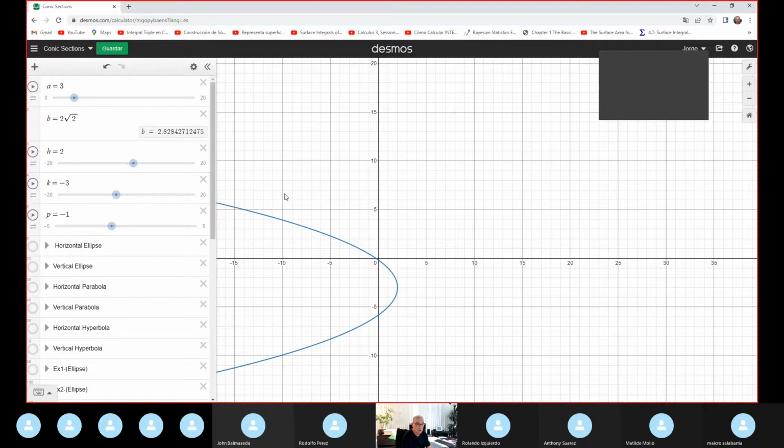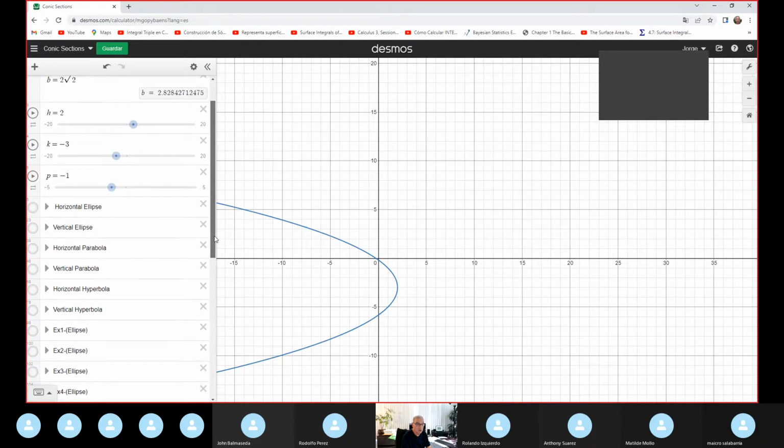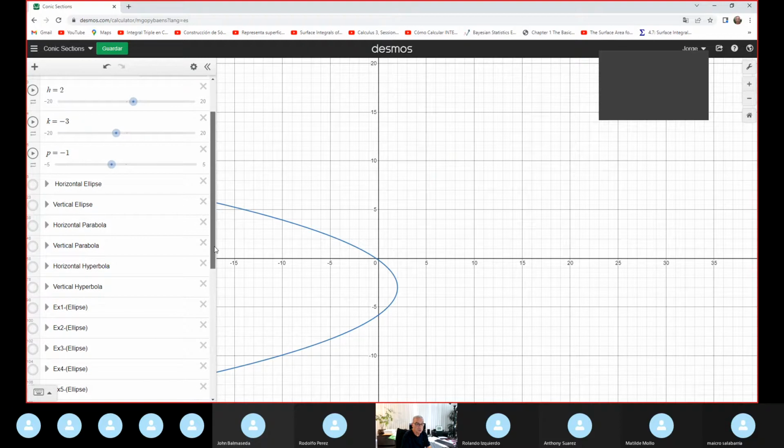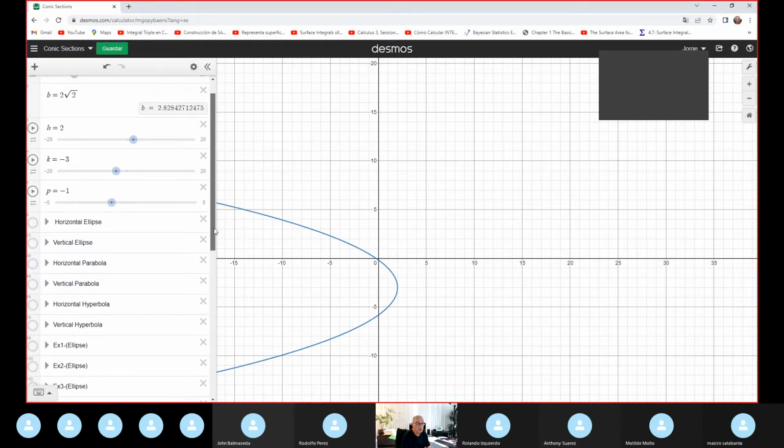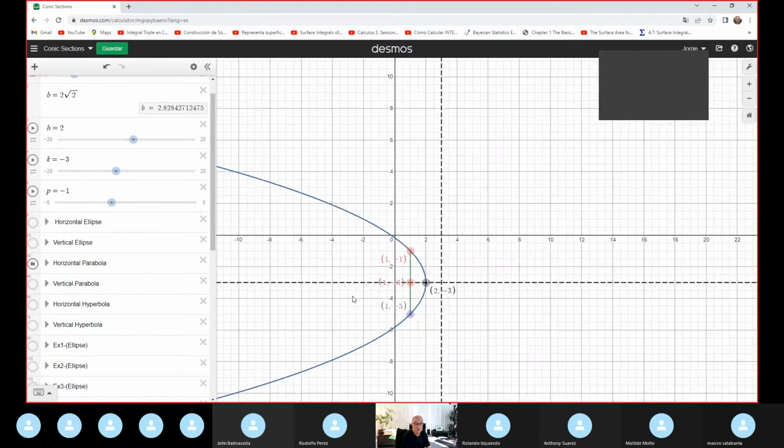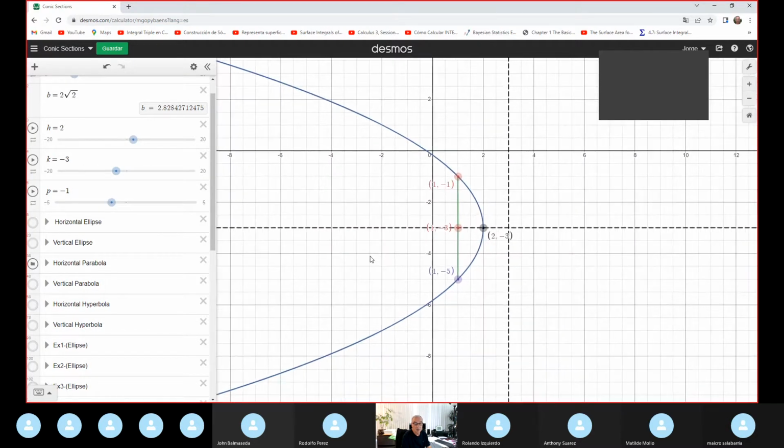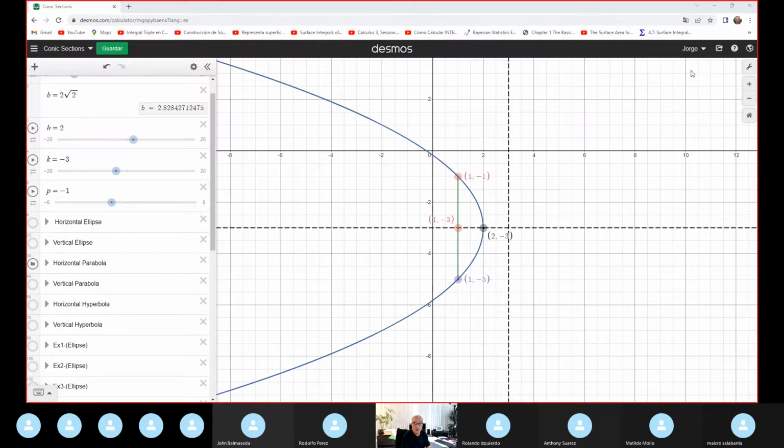Okay, good. Now, what kind of parabola do we have when it is horizontal? Horizontal parabola. Look at that. This is my graph in detail. Vertex 2 comma negative 3, good. Focus 1 comma negative 3, good. Endpoints of the focal diameter 1 comma negative 1 and 1 comma negative 5.